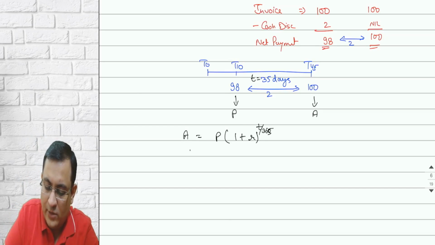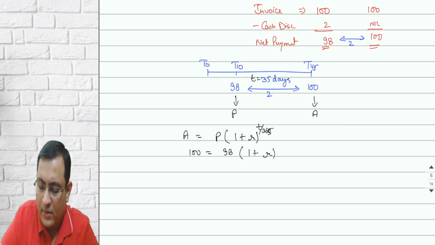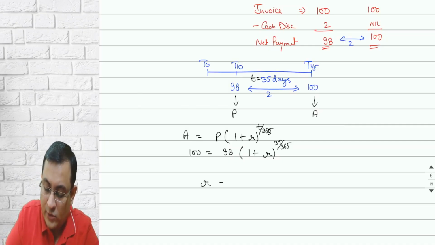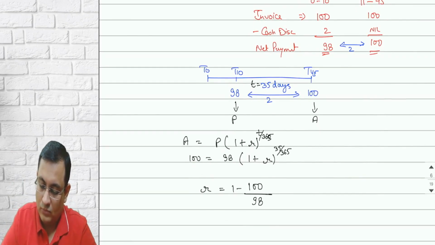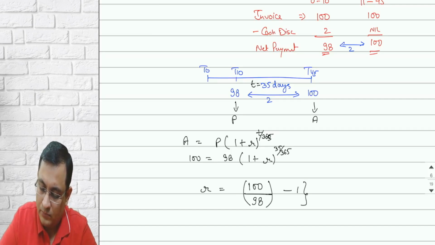So 100 = 98 (1 + r)^(35/365). So r = (100/98)^(365/35) - 1, into 100.